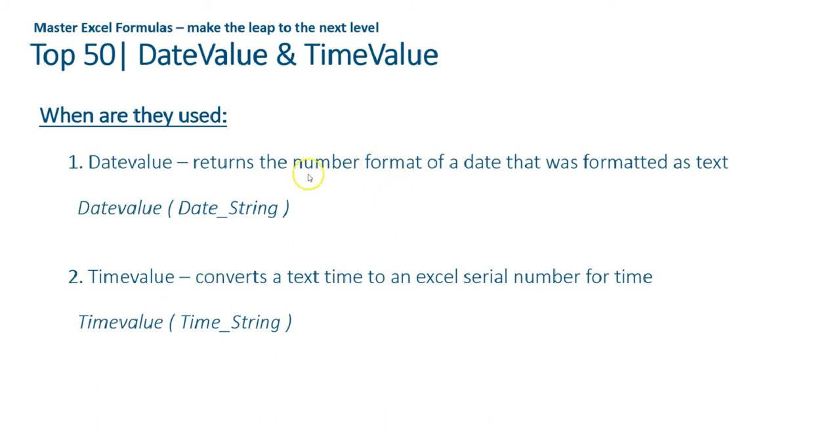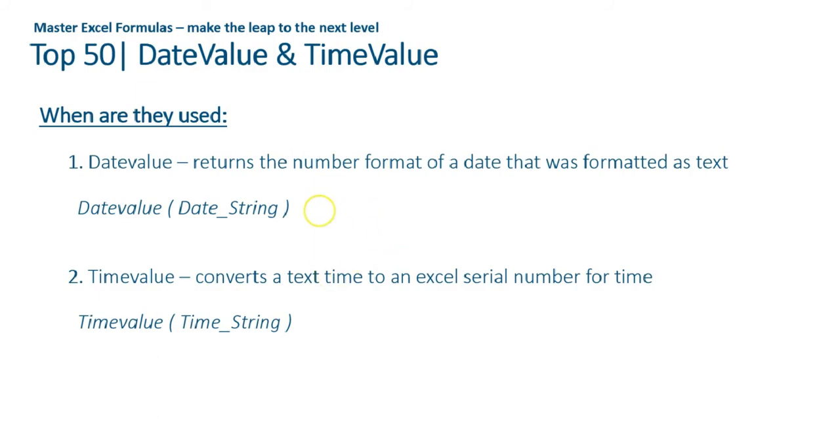I know it might sound a little bit complicated right now, but I'm sure the example will show you what I mean. The time value, similar to the date value, will convert time formatted as text to an Excel serial number for time.